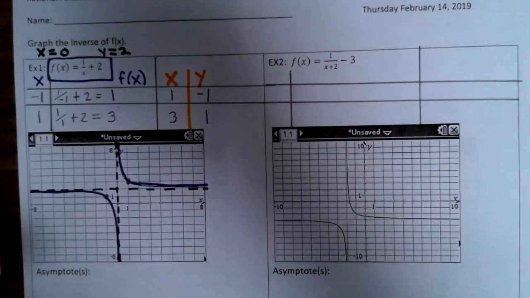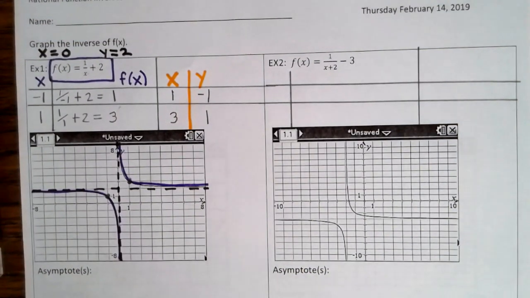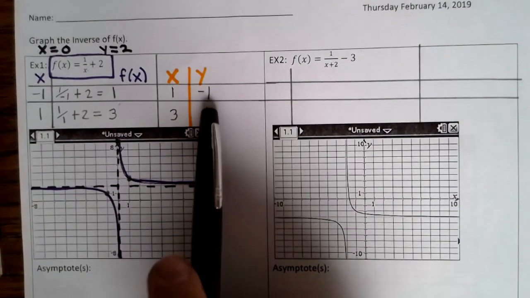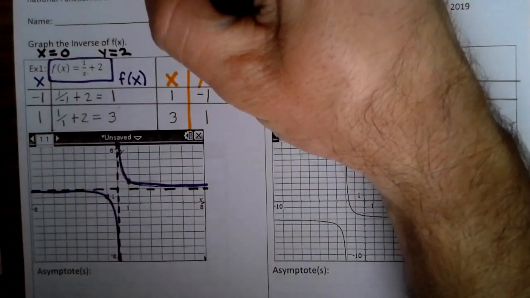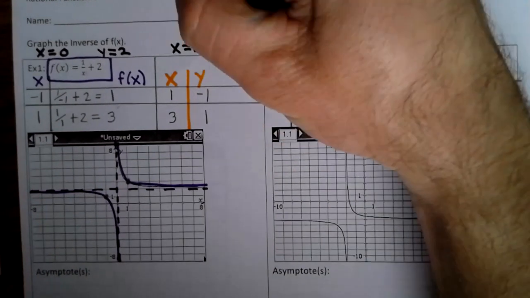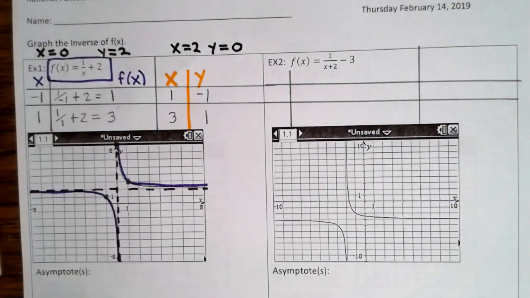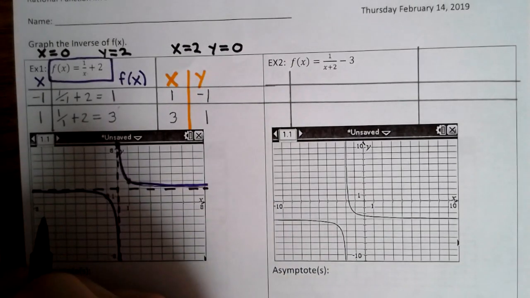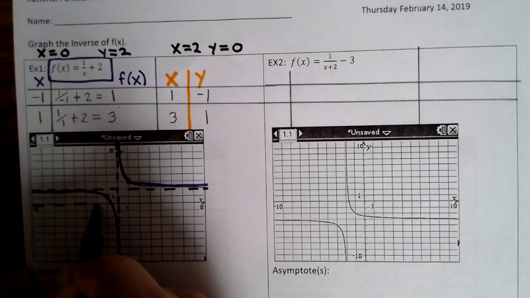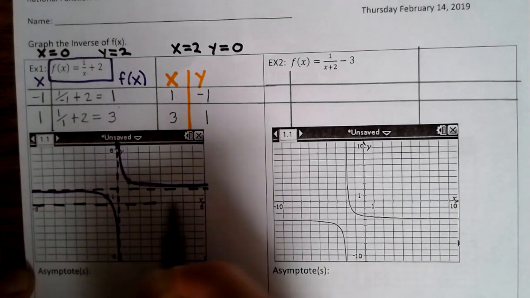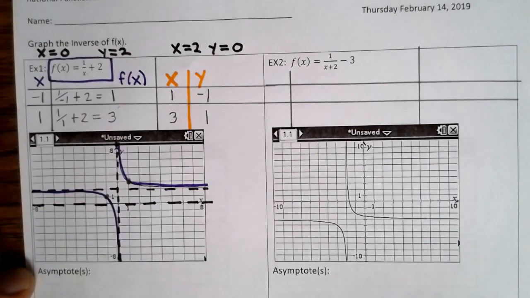Okay? So before we graph these points, we need to switch the asymptotes. So x equals 2 and y equals 0. Okay? So our new asymptotes are y equals 0 and x equals 2.